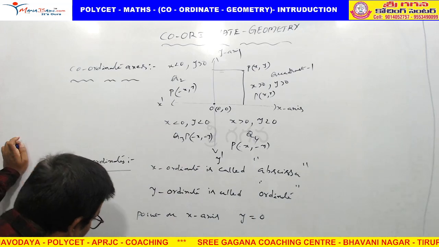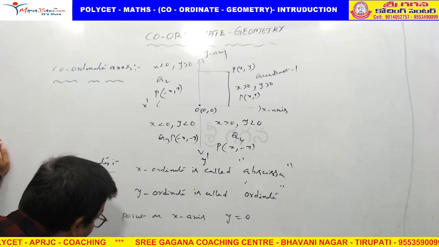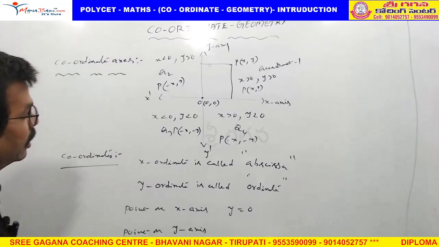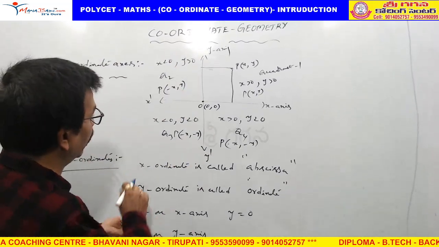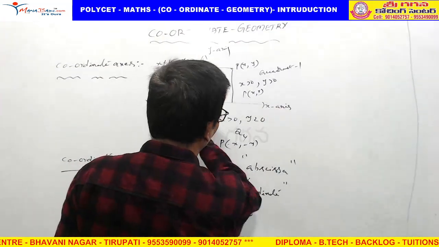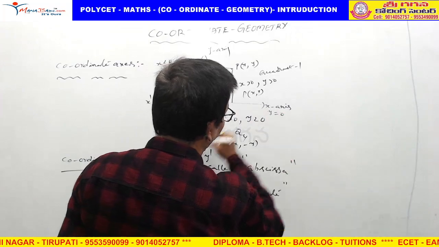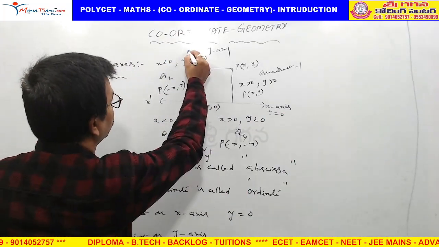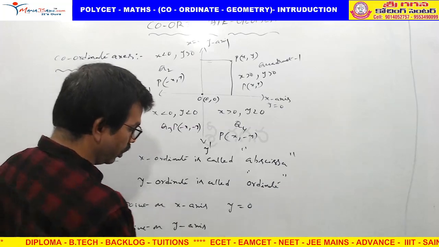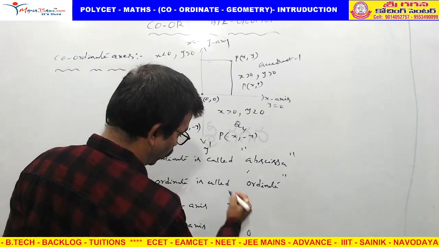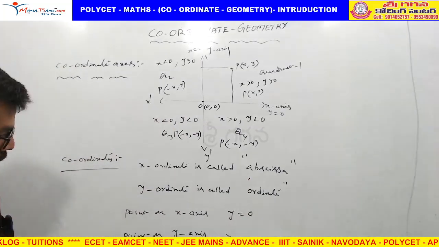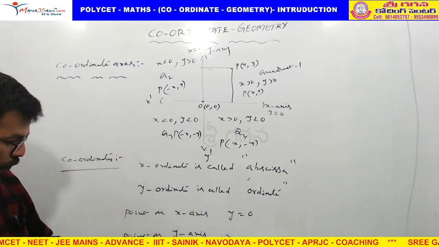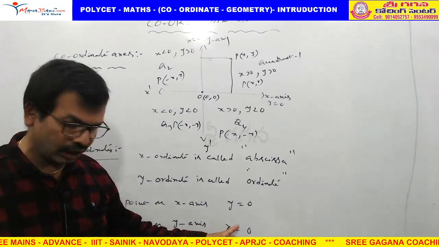Like that, a point on the y-axis means this side will come, and a point on the x-axis means this side will come. So if you take this line, you have to write y equal to 0. If you take this side, a point on the y-axis, here x equal to 0 will come. So for a point on the x-axis, always take y equal to 0. For a point on the y-axis, always take x equal to 0.